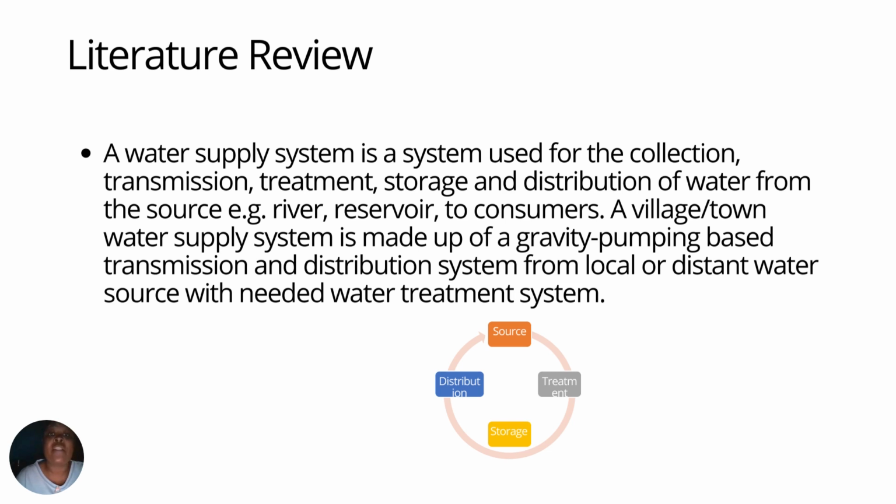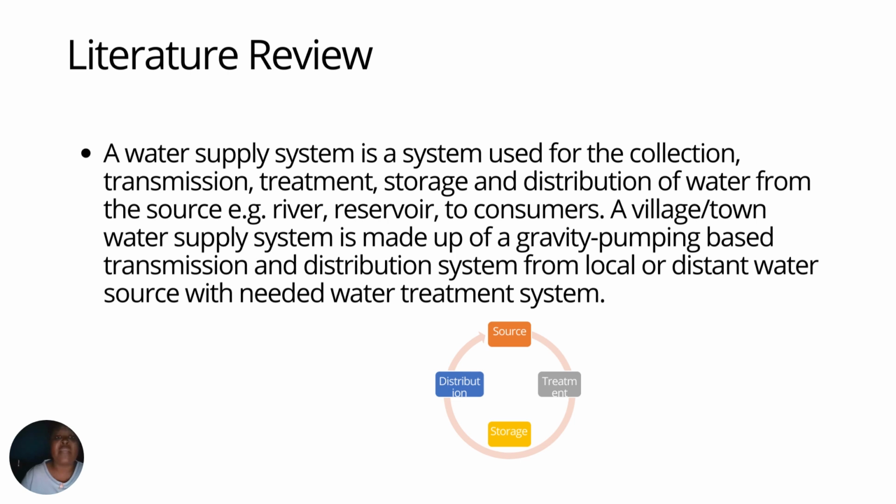A water supply system is a system used for the collection, transmission, treatment, storage, and distribution of water from the source, for example, your river, reservoir, and then distributing the water to consumers. Now, a village or a town water supply system is made up of gravity pumping, base transmission, and distribution system from local or distant water source with needed water treatment system.